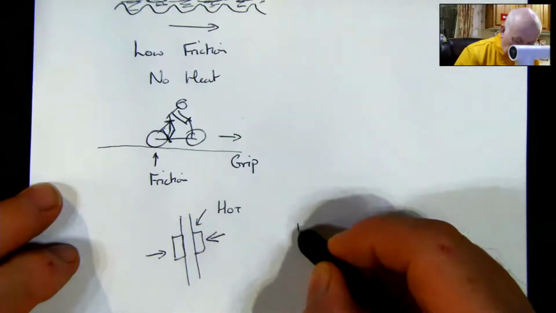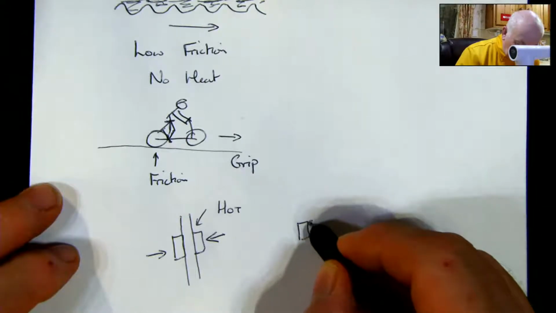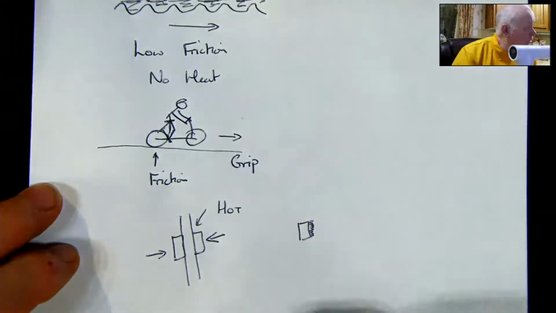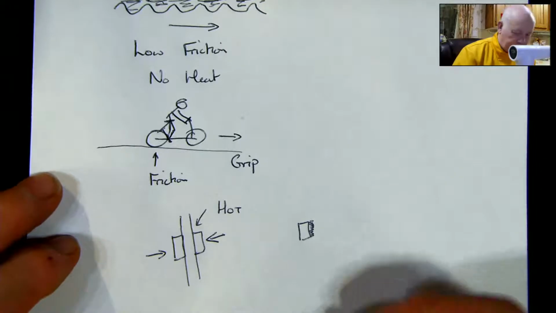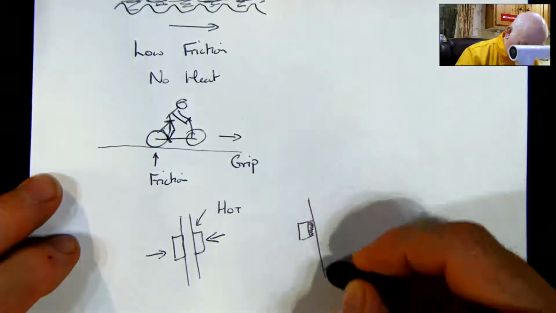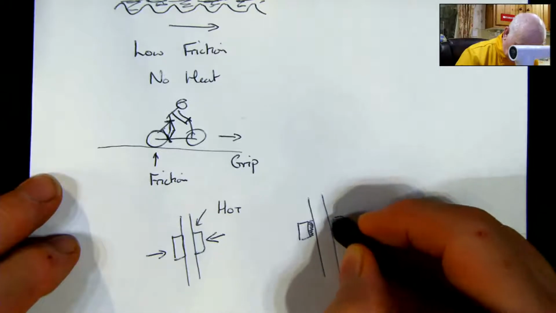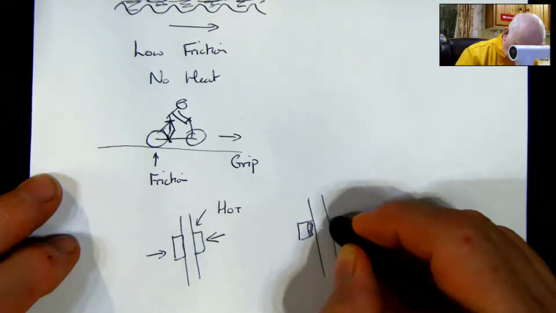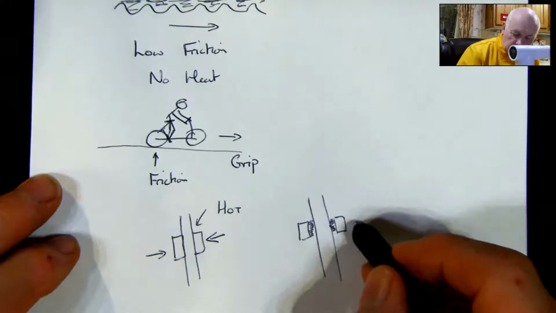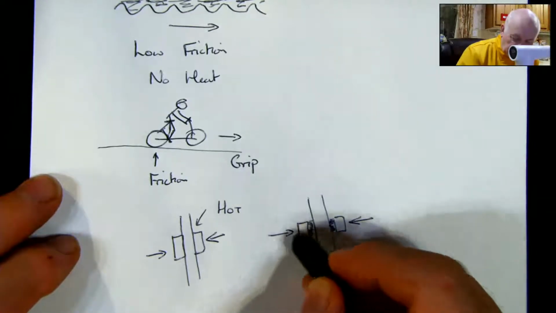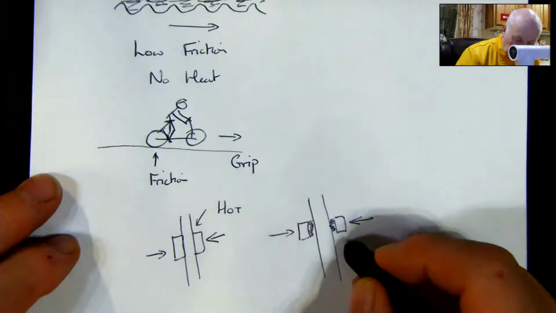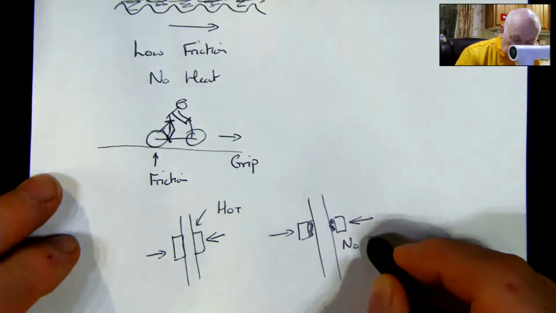If you take your brake blocks and you decide to put washing up liquid on them, or grease, or oil, then when you squeeze the brakes together, there will be no friction.